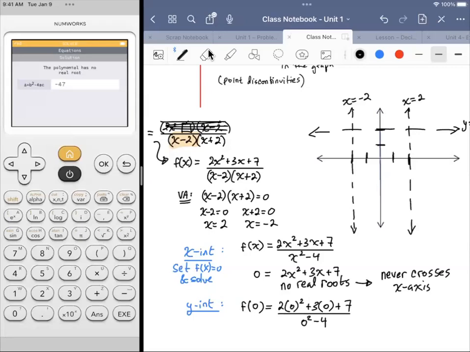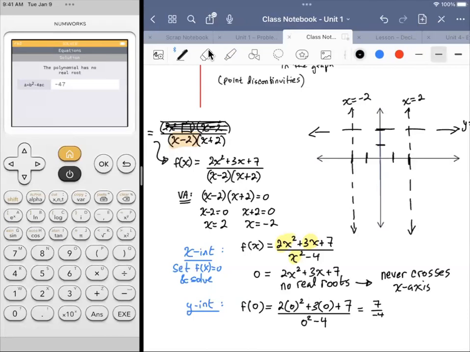Yes, you can, because anywhere there is an x, you're going to make a substitution of 0. So any of the terms that have an x in it are going to disappear, and you're just going to be left with whatever the y-intercept is. In this case, 7 over -4, or -7/4. You put the negative wherever you want.